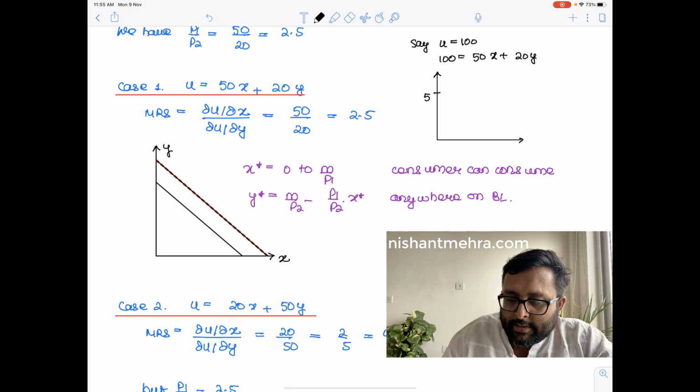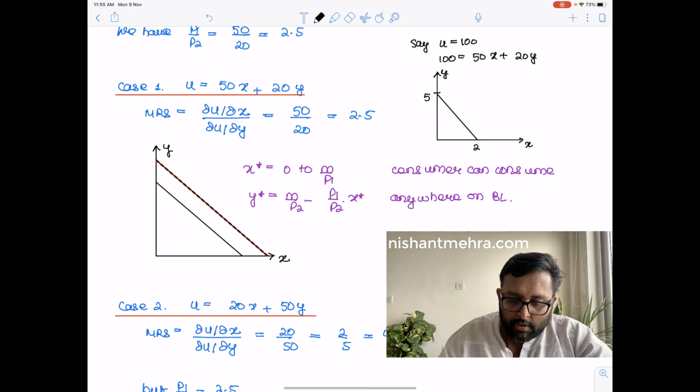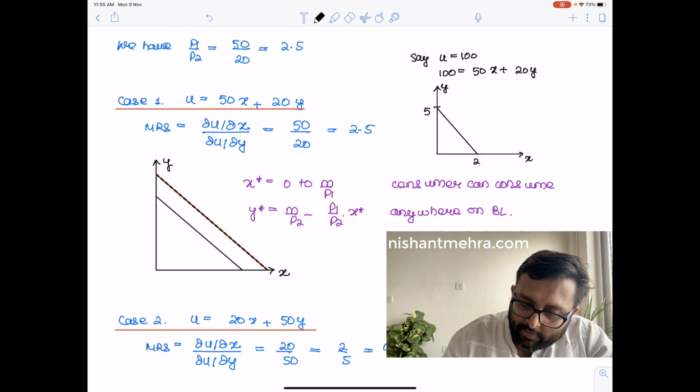When y is 0, x is 2. This is the slope of the indifference curve, 2.5. And the slope of the budget line is also 2.5. Right? Slope of the budget line is also 2.5.